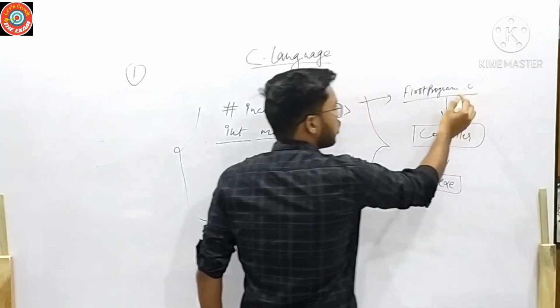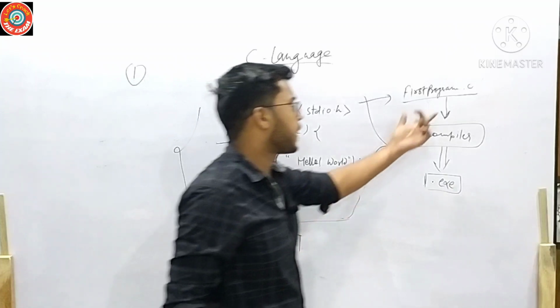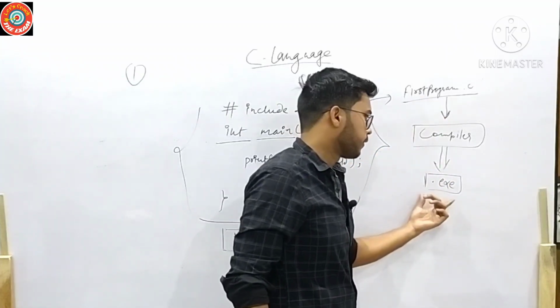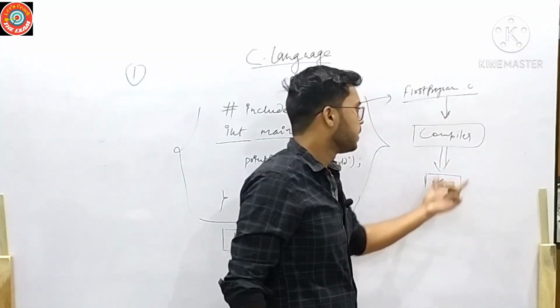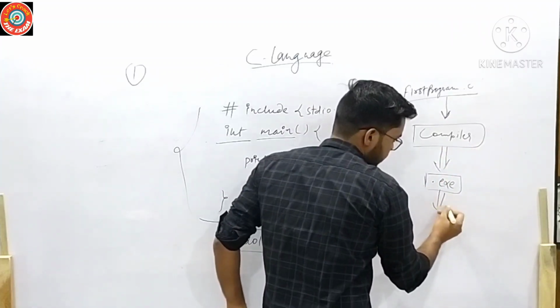This .c file will not be executed. It will be converted into an .exe file by the compiler, and then that file will be executed.